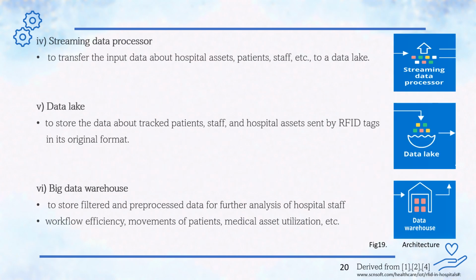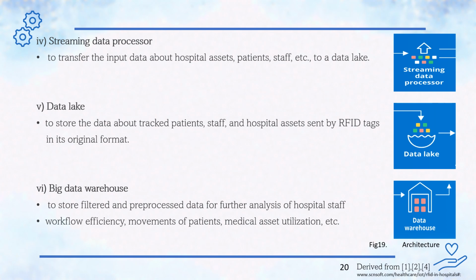And the streaming data processor is to transfer the input data about hospital assets. The data lake stores the data about the tracked patients, staff, etc. And the big data warehouse stores the filtered and pre-processed data for further analysis of hospital staff.